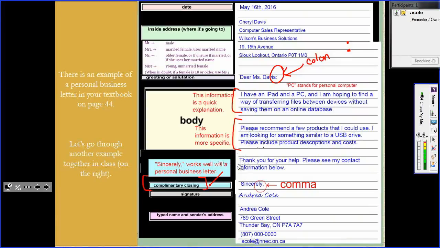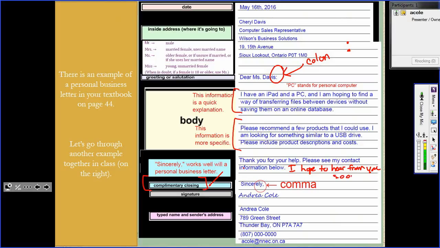All right, and then at the end here, I thank the person. I say, thank you for your help. Please see my contact information below. Now, I could improve this. I could add, I hope to hear from you soon, right?